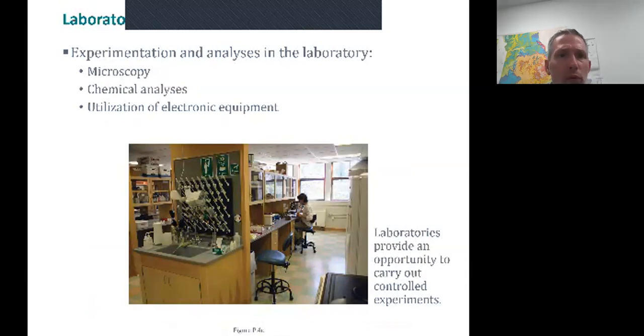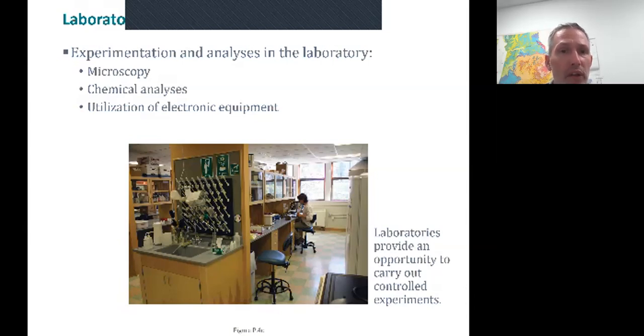When we take materials back into a lab, this allows us to look at them more closely. We can use microscopes to identify minerals that are microscopic. With one of these cameras, you can slice minerals very, very thin, shine light through them, and identify them even if they're sub-millimeter in size.